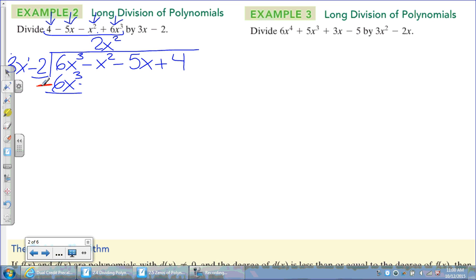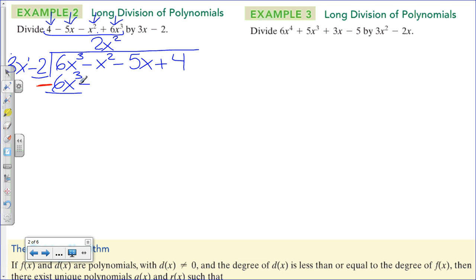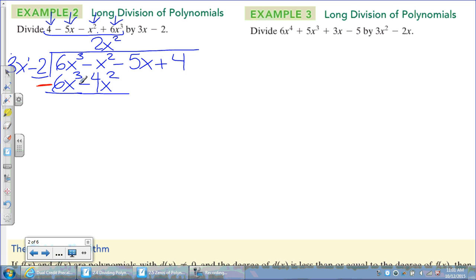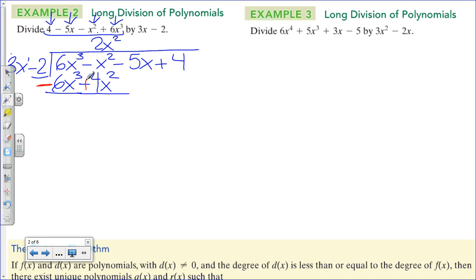Okay, so we correct that and then we make it positive. All right, now we subtract. So here, these two terms are opposite, so they cancel because they're equal to 0. Now here we have positive 4x squared minus x squared, so that will be 3x squared.